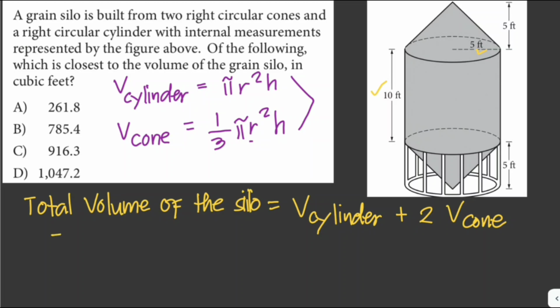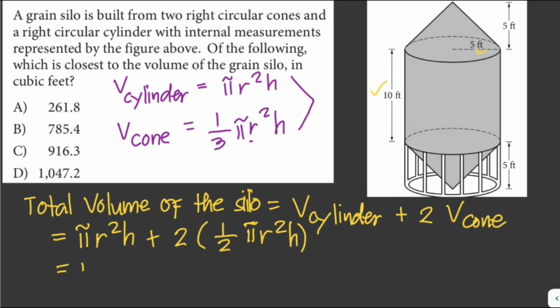Then we can just plug in everything. The volume of the cylinder is pi r squared h plus twice the volume of the cone, which is 2 times 1/3 pi r squared h.